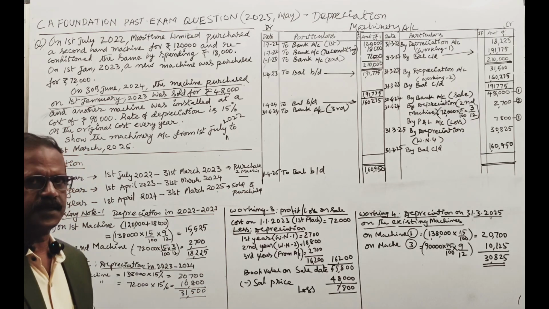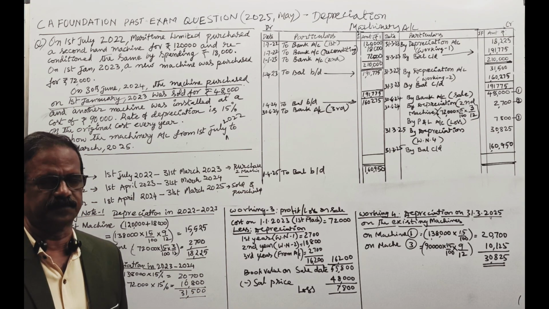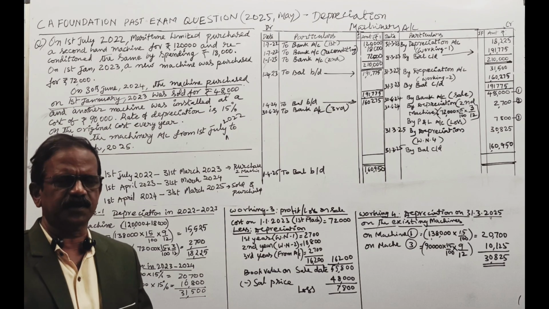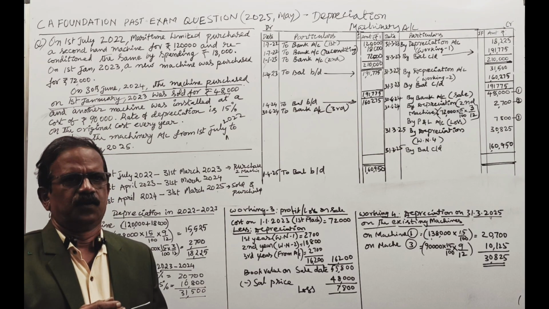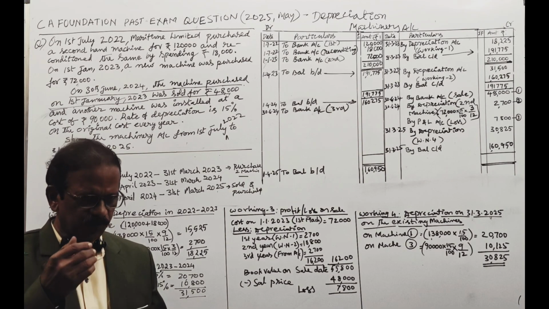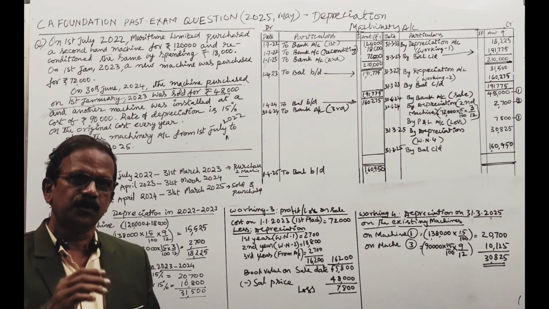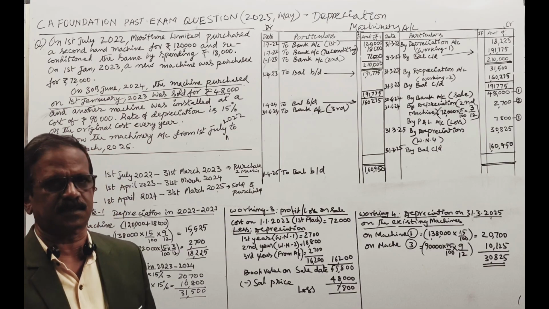Why are these reconditioning charges debited to machine account? When you purchase any asset, machinery or furniture, whatever it is, till you get the machine ready to work, whatever amount you spend on that, you have to add that amount to the machine cost.